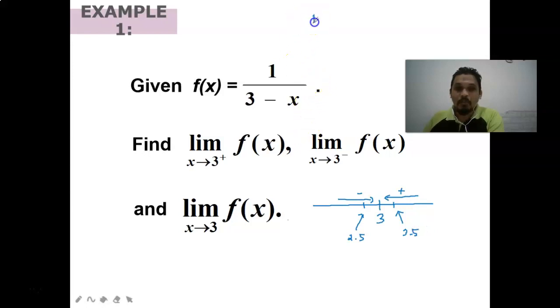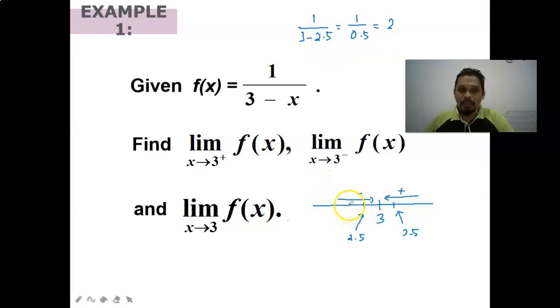So 1 divided by 3 minus 2.5 is 1 divided by 0.5. Using your calculator, 1 divided by 0.5 equals 2, a positive value.